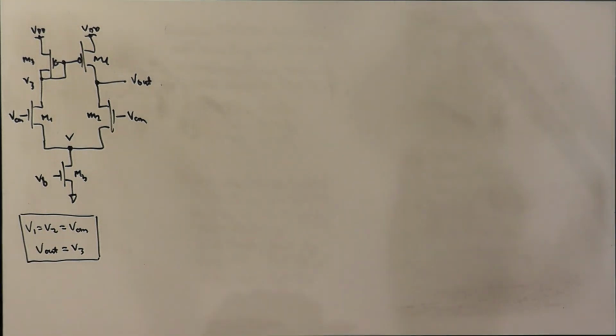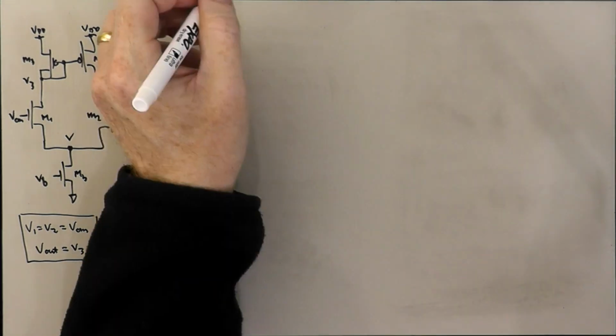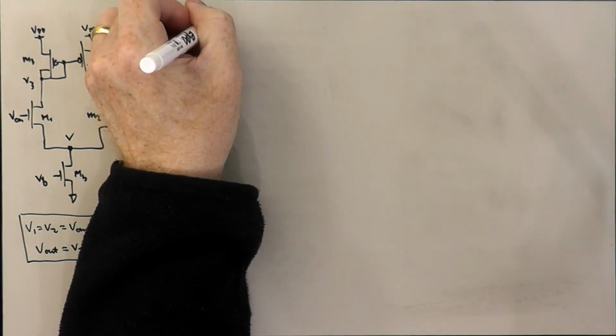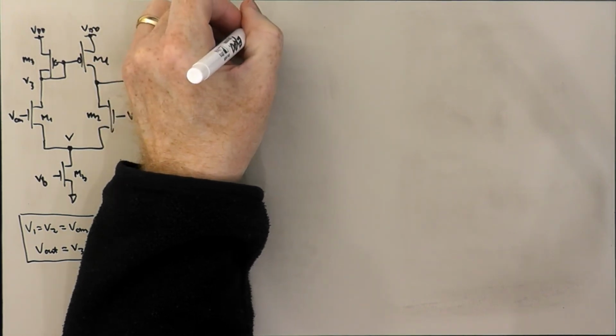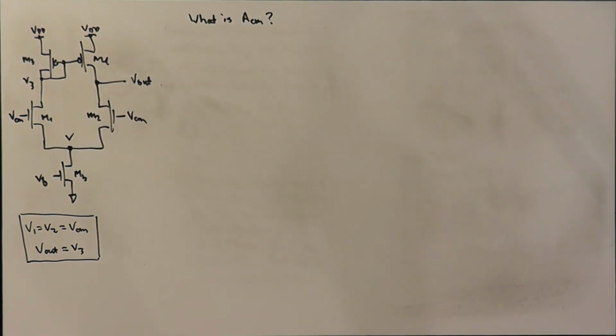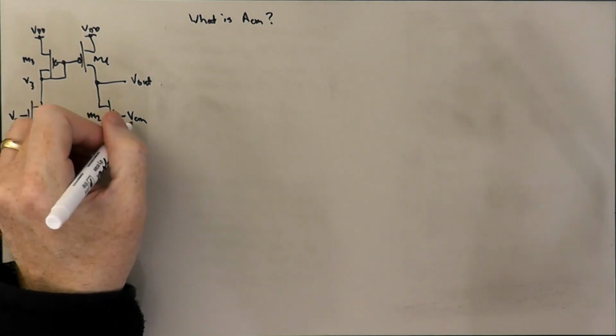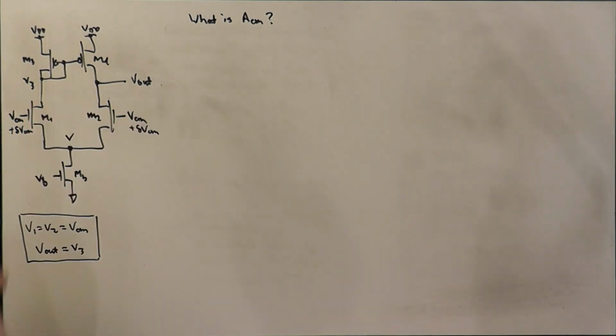We're going to use this notion to figure out what is the common mode gain. So what is ACM for the circuit? Well, what we're going to do is figure it out piecewise. We're going to say, okay, what happens when we put a delta VCM into both sides here? Well, we said before that in the common mode, M1 and M2 are effectively in parallel, and this diff pair acts pretty much like a source follower.